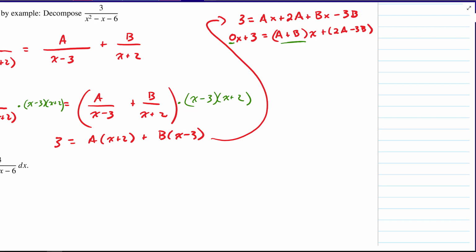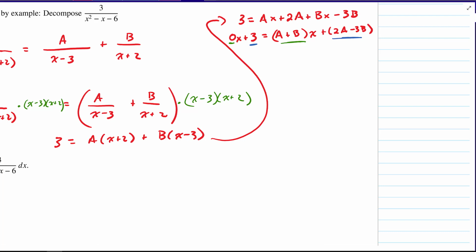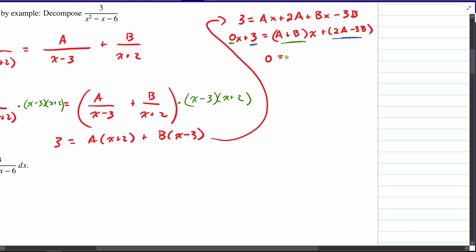Likewise, I'm going to equate the constant term with the constant term on the other side. This gives me two equations. The first being that 0 needs to be equal to A plus B. That's the first equation. And the second equation is that 2A minus 3B needs to equal 3, which I got from what I've underlined in blue.